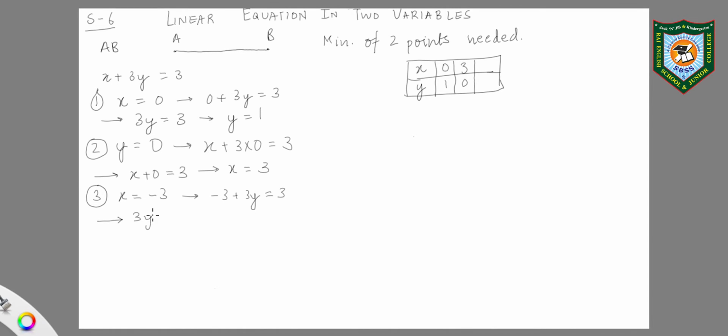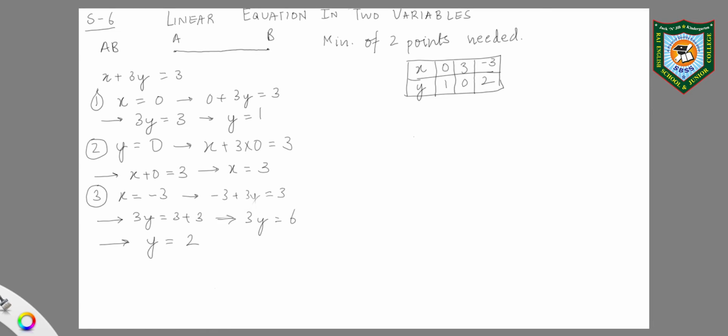So I have 3y is equal to 3 plus 3, which gives me 3y is equal to 6, which eventually gives me y is equal to 2. So now my new set of points is minus 3 and 2.